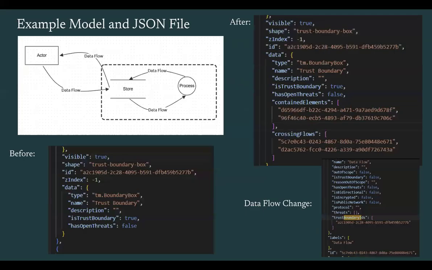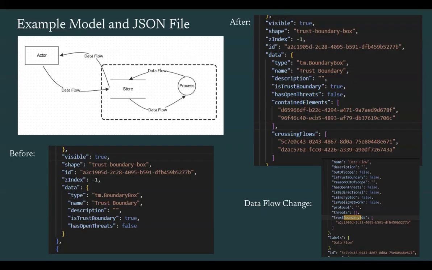Next slide, please. And here is an example of what our contribution did. Here is an example model from the Threat Dragon site that I made as an example. We just have data flowing across the trust boundary, which is this dotted box line here.